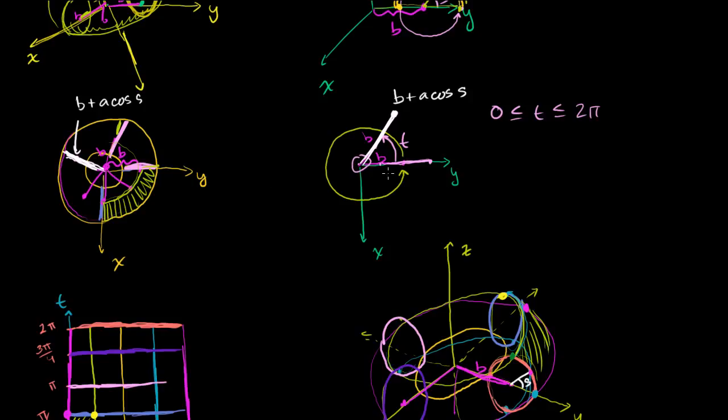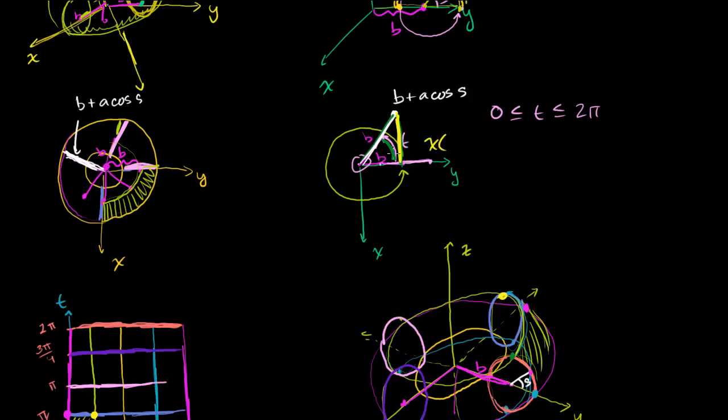We're looking down on the donut. So what are your x and y's going to be? Well, you draw another right triangle right here. This angle right here is t. This distance right here is going to be this times the sine of our angle. So this right here is going to be our x coordinate.